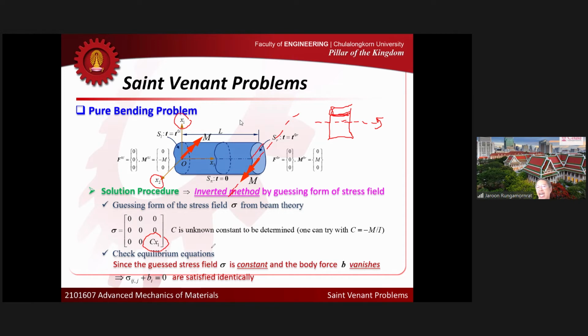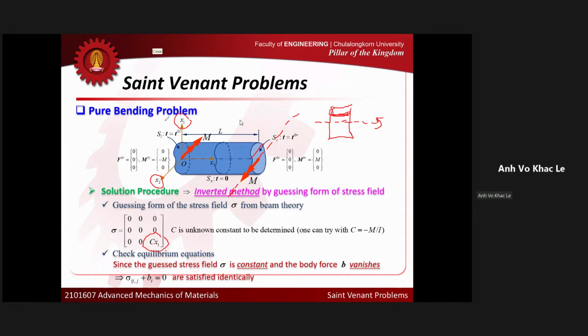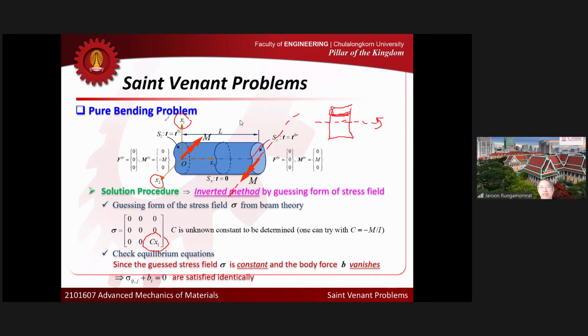I have some experience in beam theory, so I start from that point. This may not be correct, but it's a good start. Okay, is that clear, Anne? Okay, yeah.